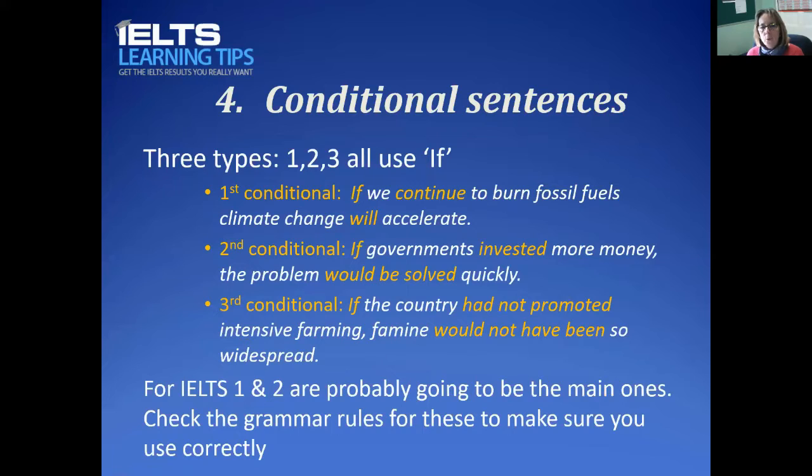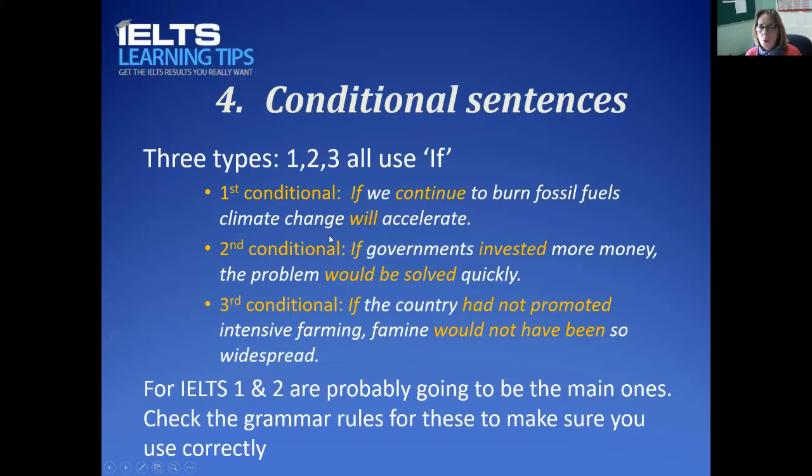Okay. A fourth way is a conditional sentence, and that's a sentence using if. And there are three types, typically called first, second, and third conditional. They have other names, future, past, etc. The grammar is a little complex on these, so it may be something you need to check.